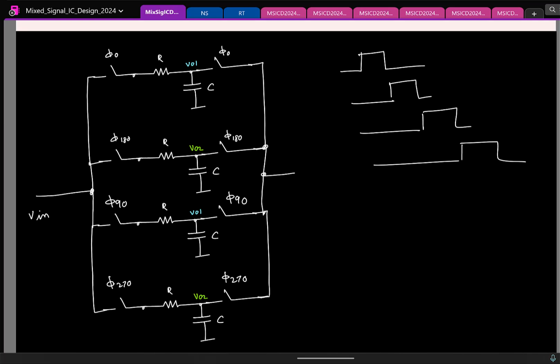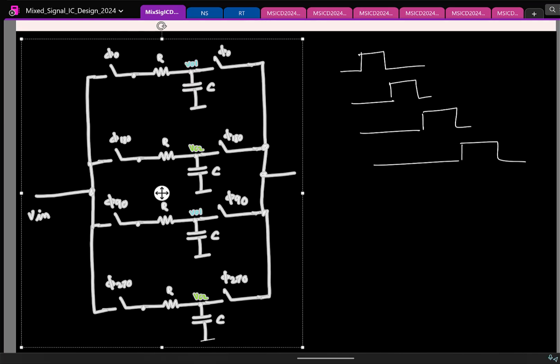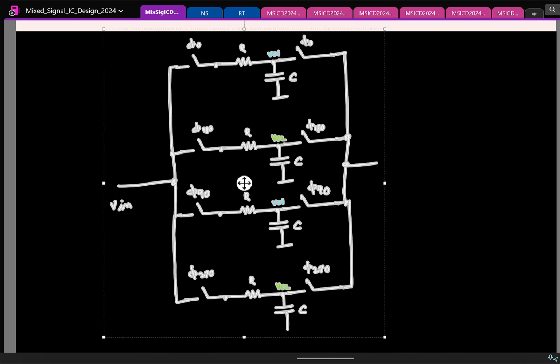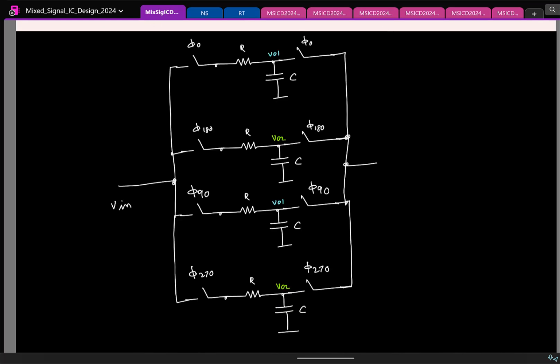Now you can do further simplification. Let me move it to the next page. Here if you notice, the resistor is present in all 4 branches. A resistor is a memoryless element. So instead of 4, I can push the resistors out of this branch and share the resistor among all 4 branches.